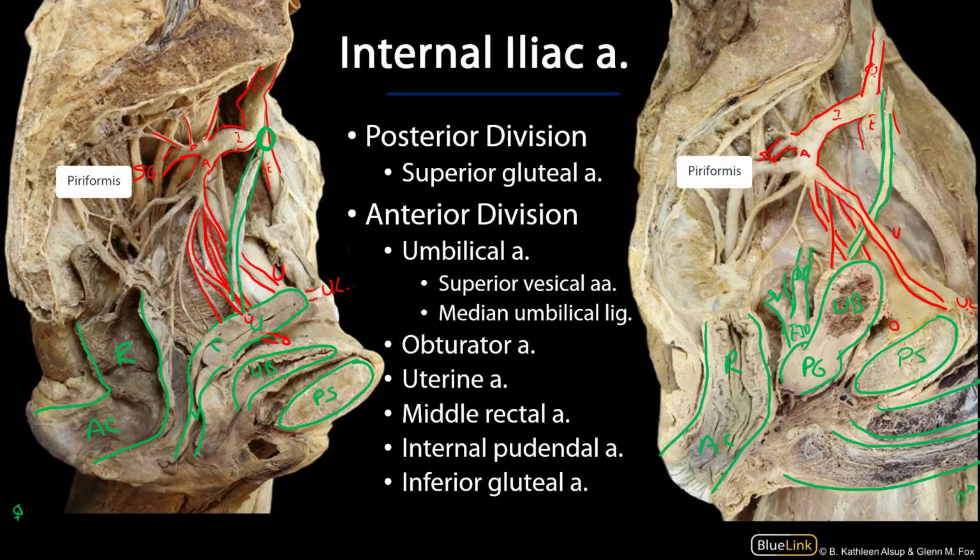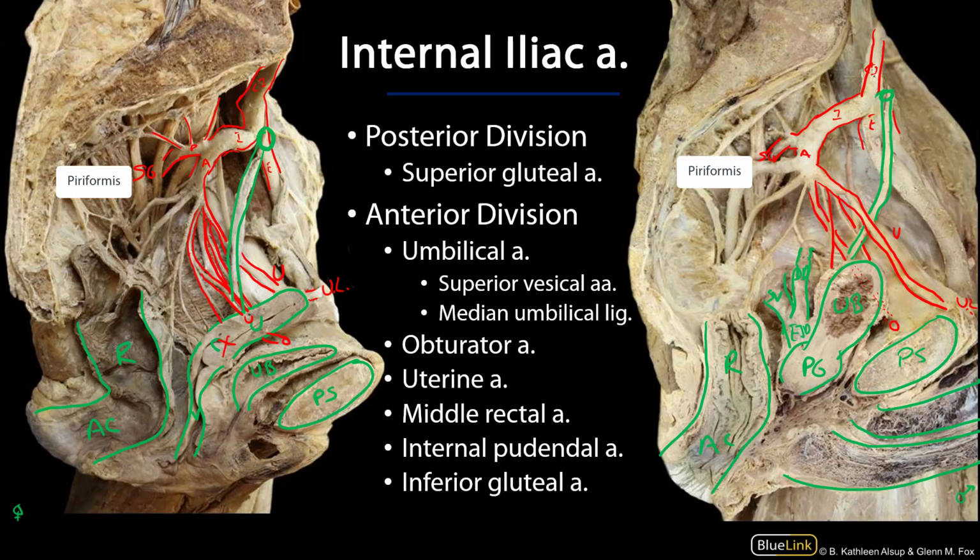No uterine artery on this side because there's no uterus. But that's where we get our water under the bridge, because the ureter is crossing under the uterine artery at the internal os of the cervix. So that's approximately there, but it's going to be obscured by the uterus.